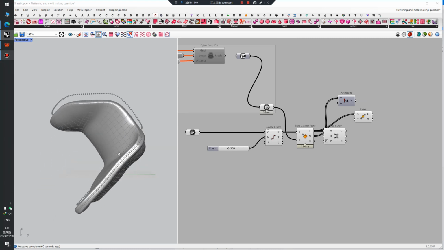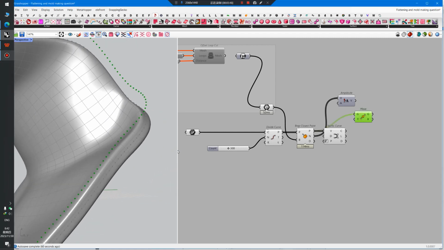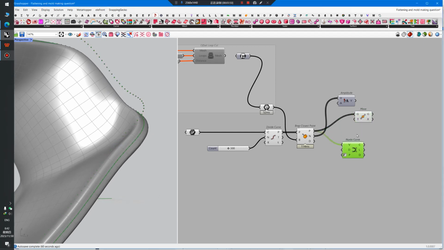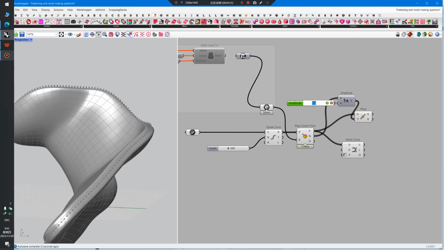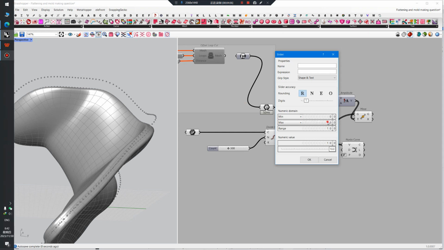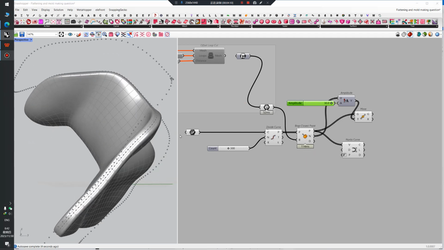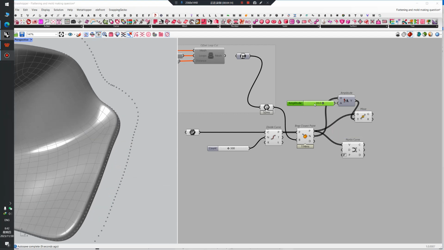Okay. Anyway, we offset the point along the normal. So this is the vector, and here. Then we can get like, I think it's too much. 20. Yeah.